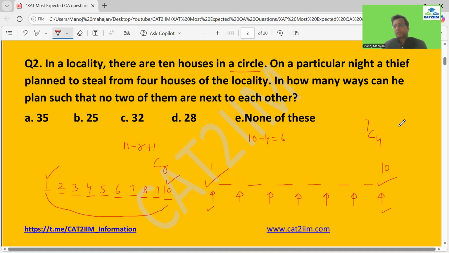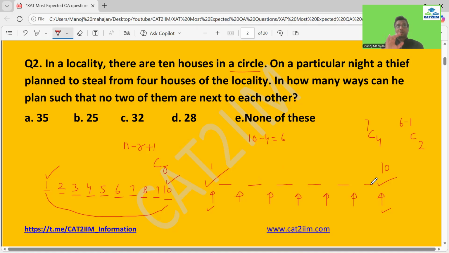So if you have 6 houses left out, the gaps would be 1 less: 6 minus 1, that is 5. Out of these 5, we would be looking to pick up 2 more houses. So 2 already we have picked up, two more from here. In total, we are going to pick up 4 houses.